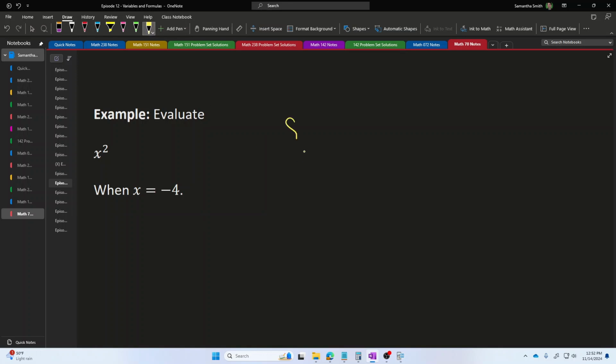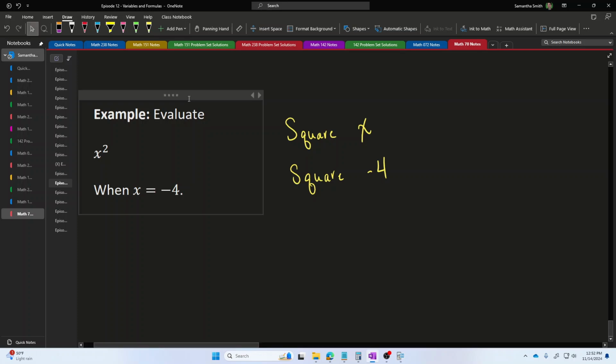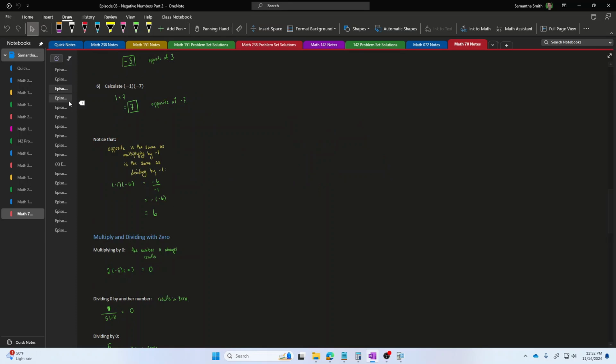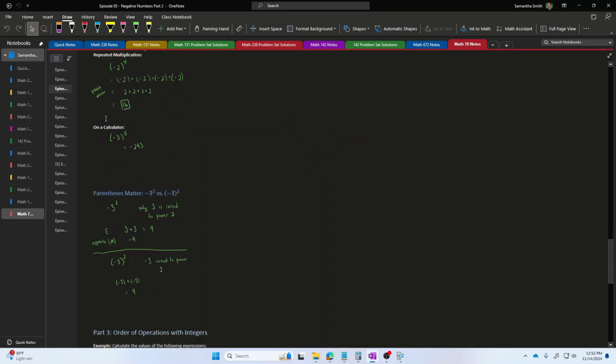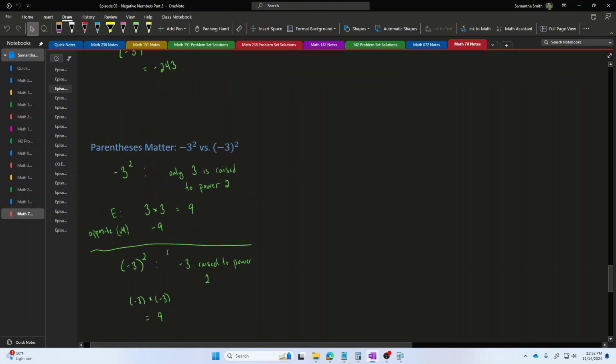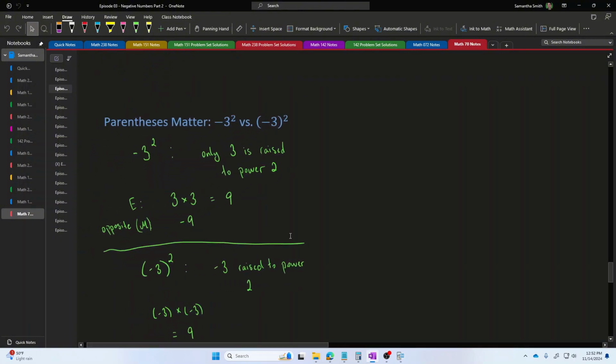If in the original expression my instructions are to square x, if x is specifically negative 4, then I need to write something down that will express square the quantity negative 4. Now, you may remember from episode number 3 that when we were raising negative numbers to powers, we had to be really careful about our notation.